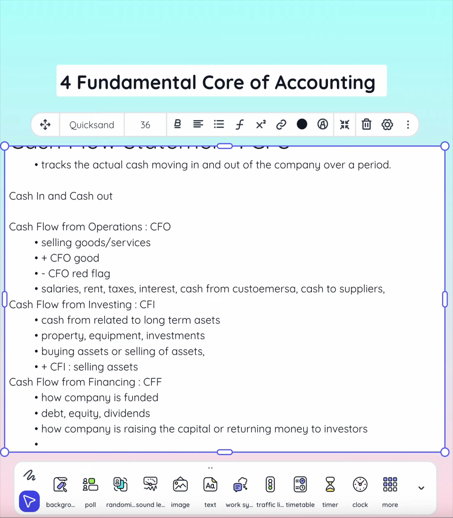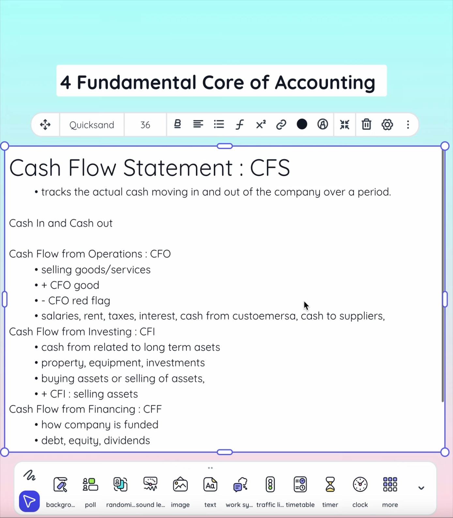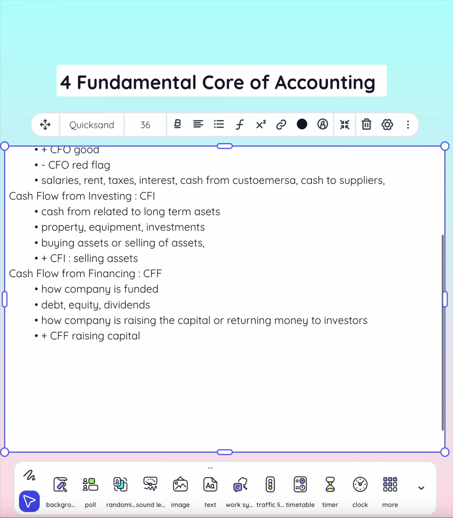So positive cash flow from financing, CFF, means it's raising capital, and negative CFF means paying down debt or returning money.